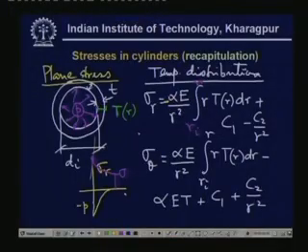We will have to do something where the cylinder can be safely designed. If it fails by shear, then if P becomes greater than tau allowable, that is allowable shear stress, then it may again fail. So, we will have to design in such a way that the material does not fail even if P is increased significantly. So, that will be the topic of today's discussions. Up to this we have only recapitulated what we have learned so far.